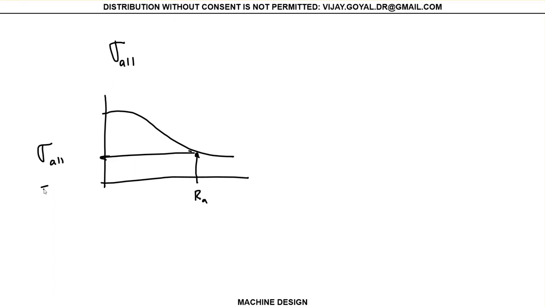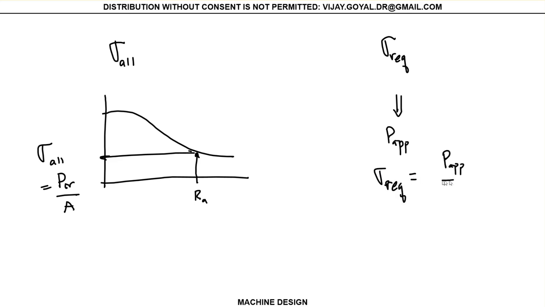So the allowable would be nothing else than P critical divided by area. Then you also have P required. What is the requirement of your column? That's going to come from your P applied, which we already found, and P required is nothing else than P applied divided by area.